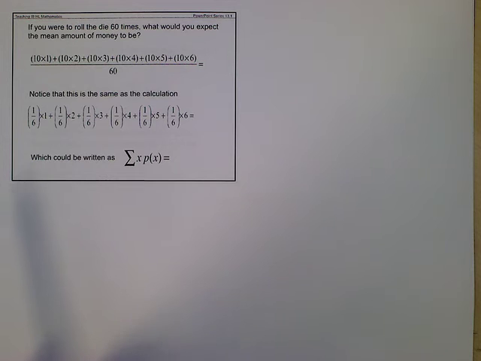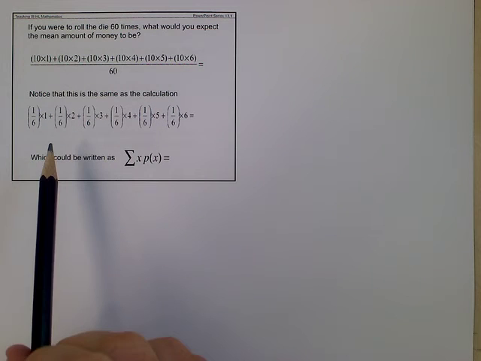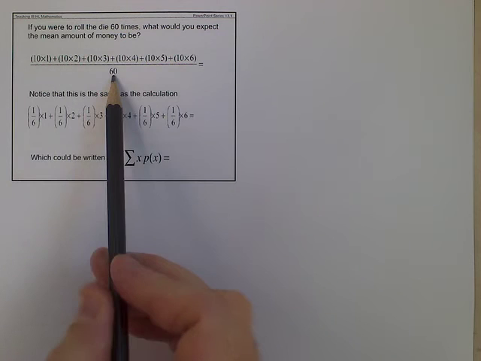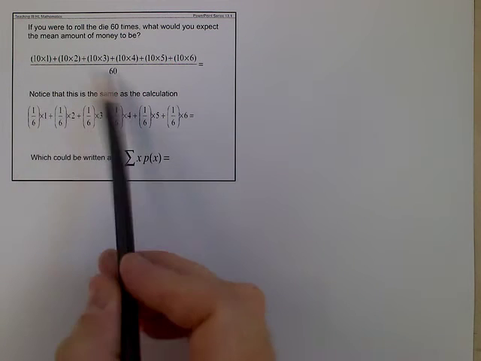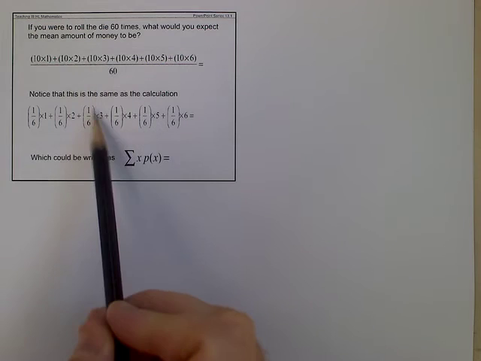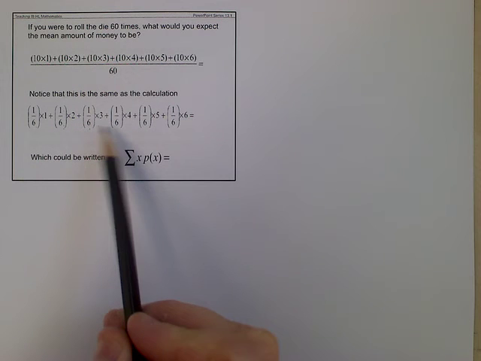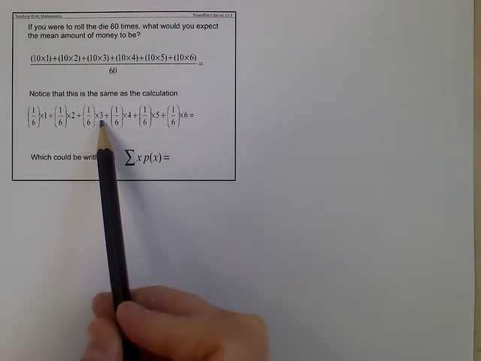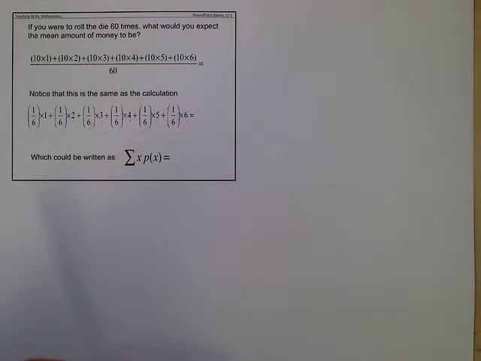But what's more interesting is that this calculation is the same as this one. If I look here, the 10 over the 60 is 1/6, the 10 over 60 is 1/6, 10 over 60, 1/6, and these, of course, are the probabilities that were associated with each of these particular values for the random variable.